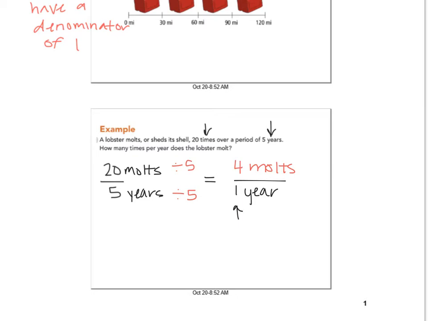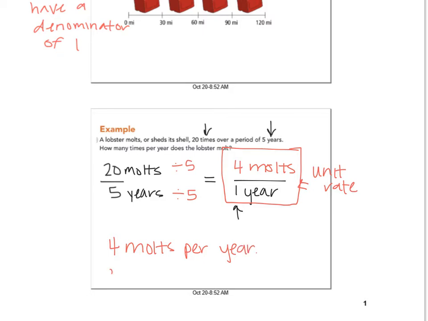So your unit rate is 4 molts over 1 year. You can write this in words and say 4 molts per year.